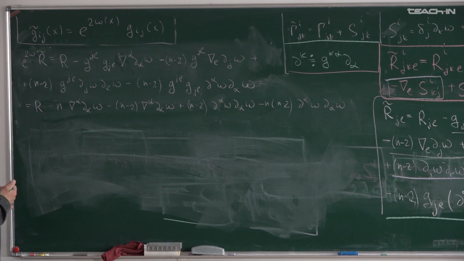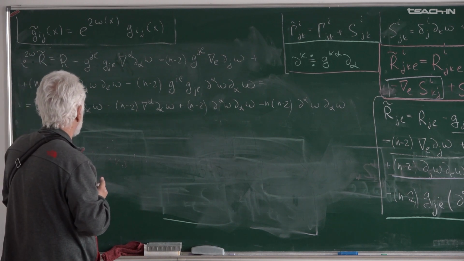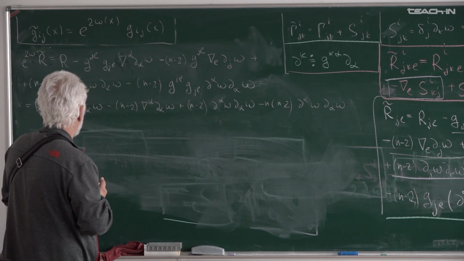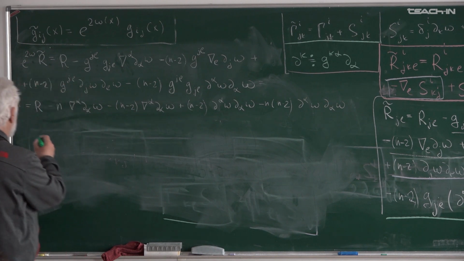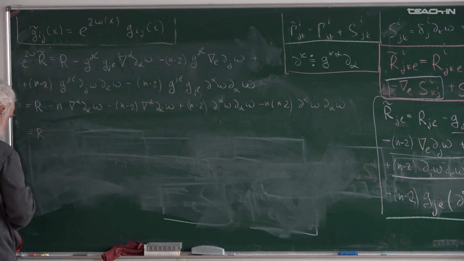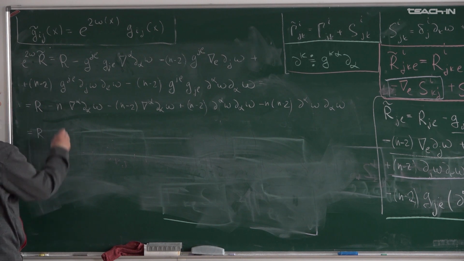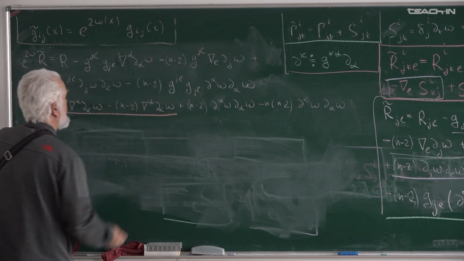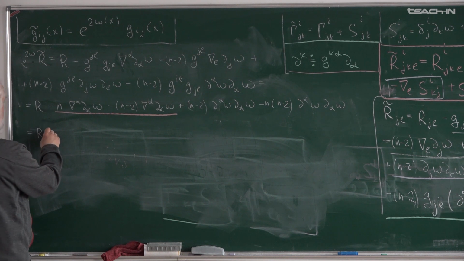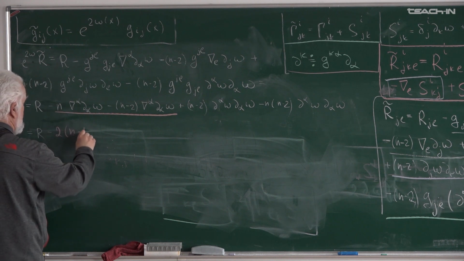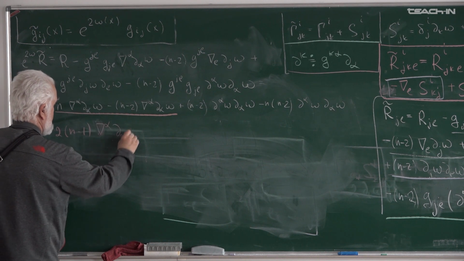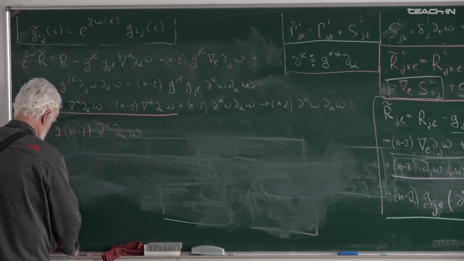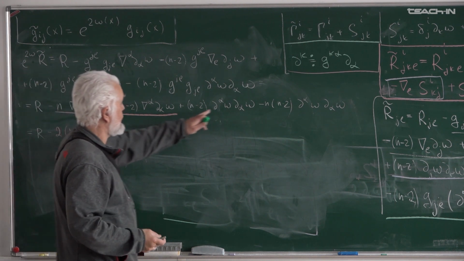So what did we obtain? So it's R. Now we combine these two terms. Minus 2 the alpha omega. Combine the remaining two terms.